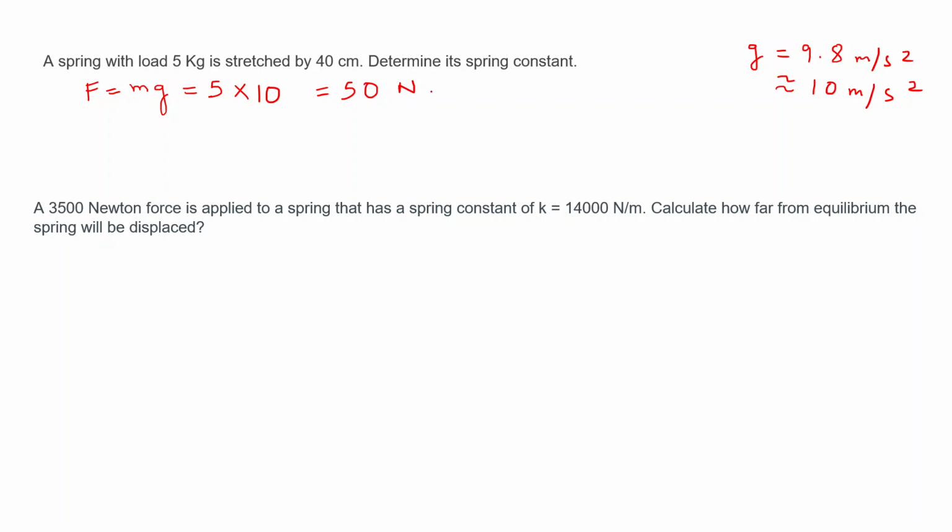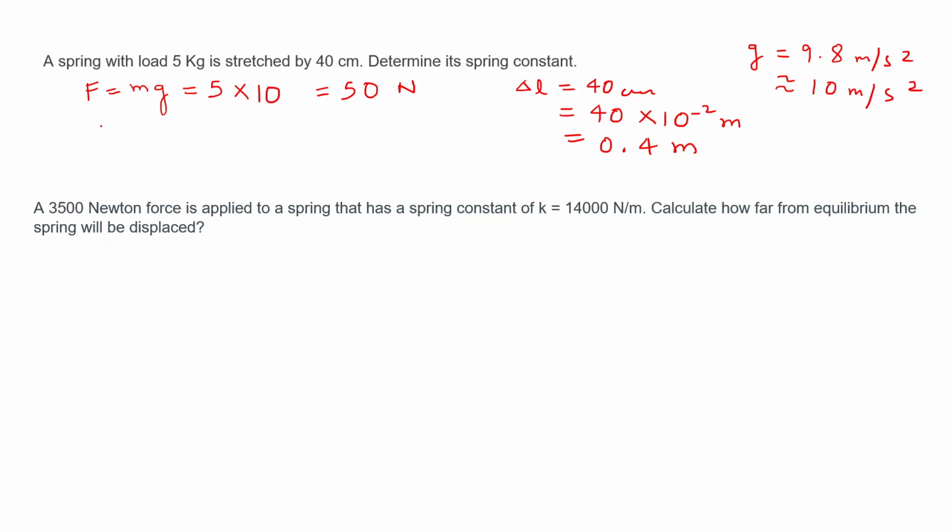It is stretched by 40 centimeter, meaning the change in length or the elongation is 40 centimeter. We should keep all units the same, so changing it into meters, 40 times 10 to the power minus 2, that means 0.4 meters.